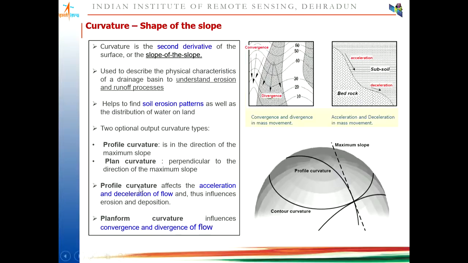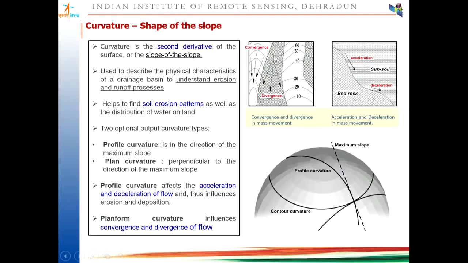Higher profile curvature values mean there will be more speedy flow on the topography, and plan curvature gives you the convergence where the flows are meeting together. If they are meeting together, there will be more concentrated flow of runoff water, so it tells you there is a chance of gully formation.